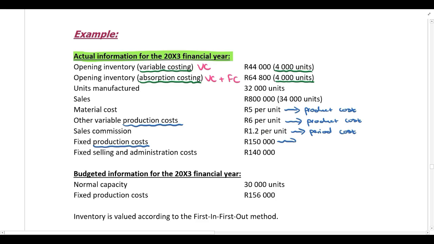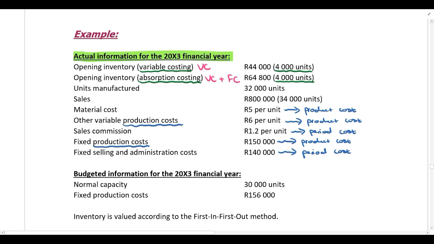So this is also a product cost. And lastly, the fixed selling and admin costs will obviously be a period cost. That has nothing to do with production or manufacturing, so it can't be included in the value of inventory.